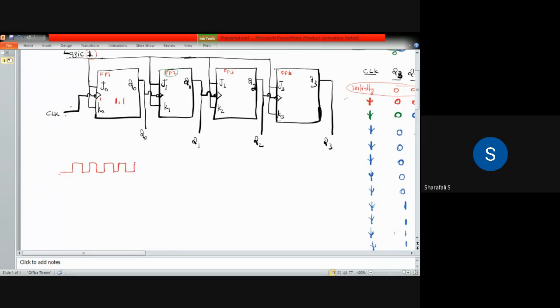So 4, 5, 6, 7, 8, 9, 10, 11, 12, 14, 15, 16, let's say 17. So these are the clock pulses, and we have negative edges here.